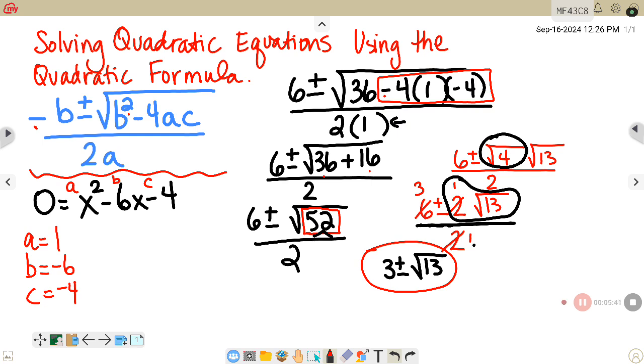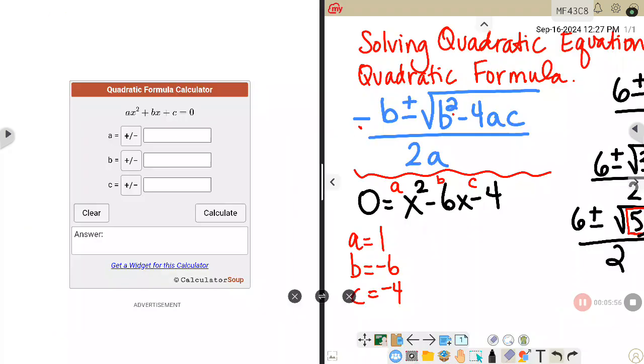Now, for the second half of this video, now that we have seen the process and used the process to solve this quadratic equation, I'm going to show you a quad calculator. So let's work this same problem, and I will put this quad calculator in your folder for this week.